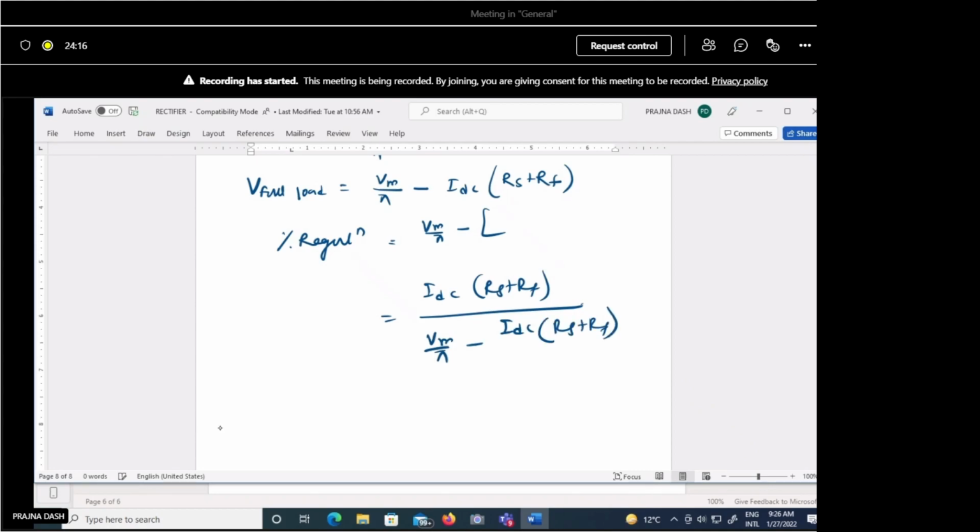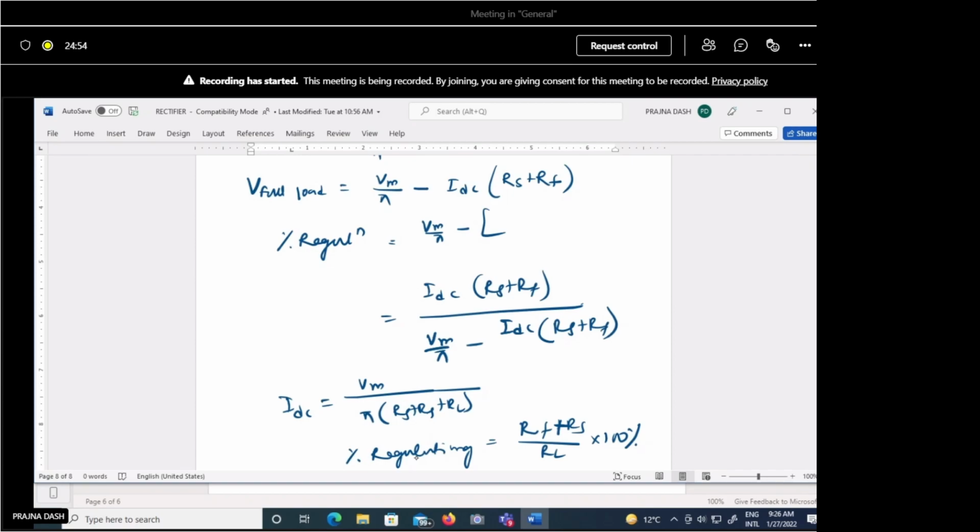You simplify it. Here IDC, if you are considering the resistance, will be Vm by pi into RS plus RF plus RL. If you put all this in and simplify it, you will get the percentage regulation. It depends upon the value of the resistance, so it will be RF plus RS by RL into 100%. So if you remember this, RF plus RS by RL into 100%, you can directly calculate the percentage regulation.